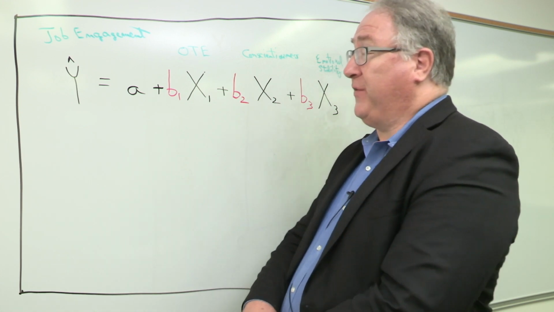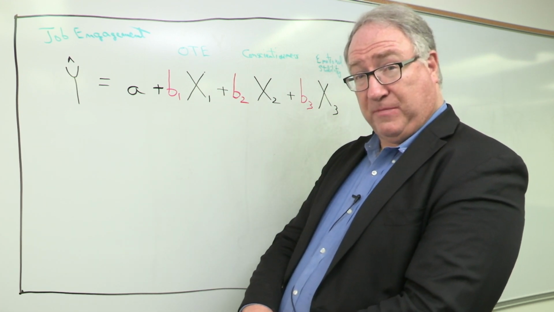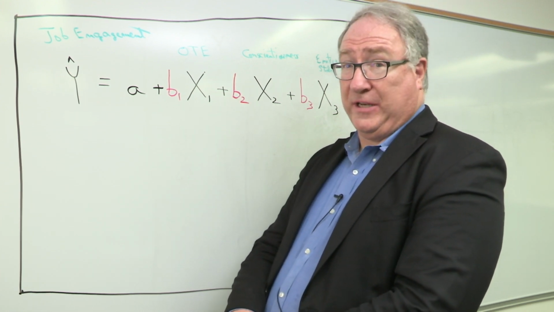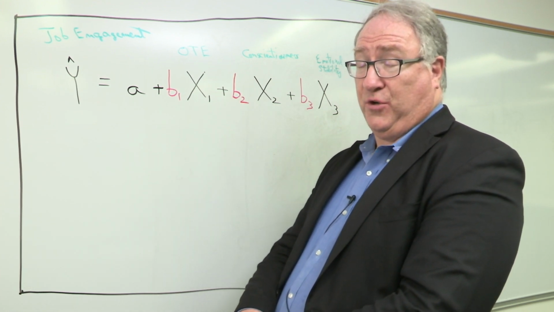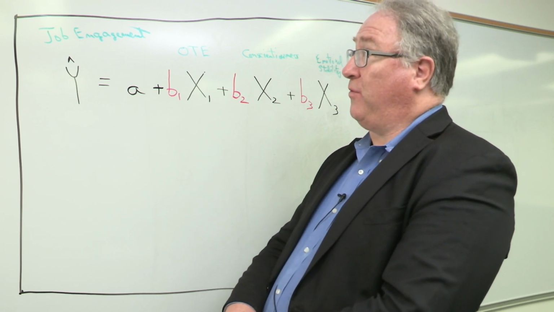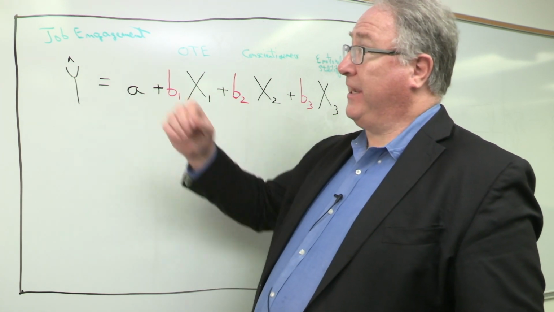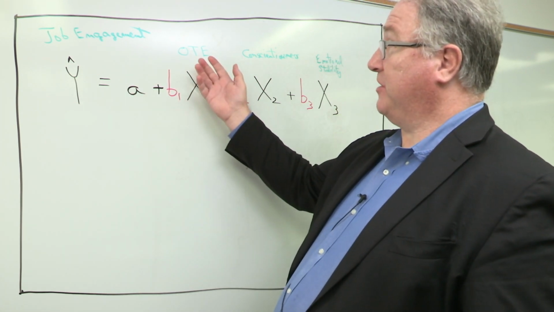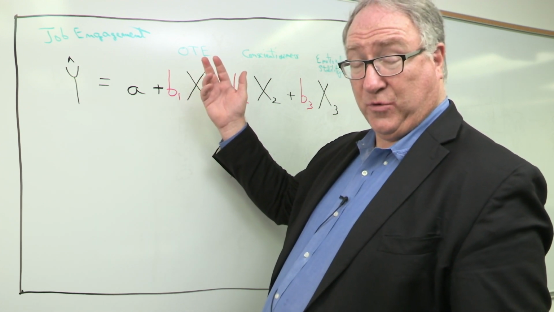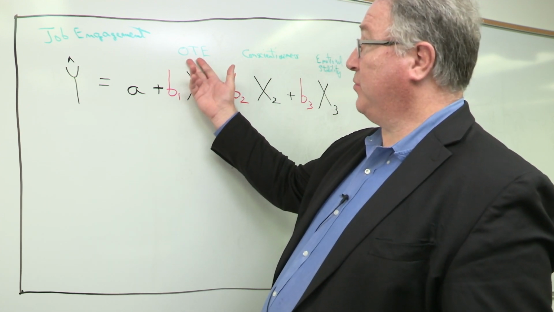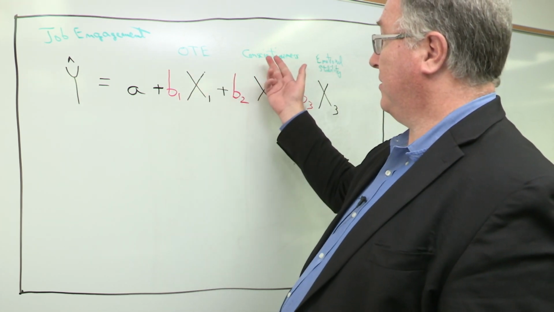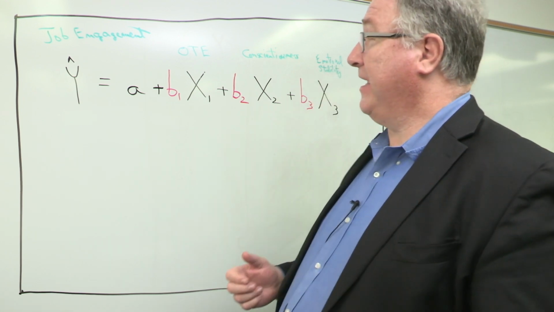So what I hope that you have taken from our previous discussions about the regression equation is that before we do anything else with regression, we are seeking to explain phenomena. And in this example, we're seeking to explain in terms of persons' personalities. You remember from the second discussion, regression equation part 2, we talked about how these were different personality factors: openness to experience, conscientiousness, and emotional stability.